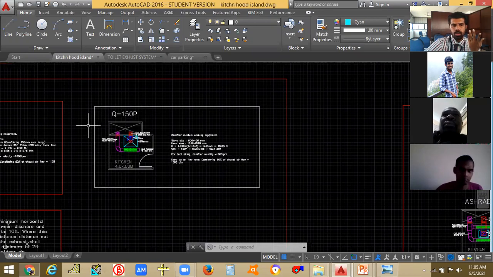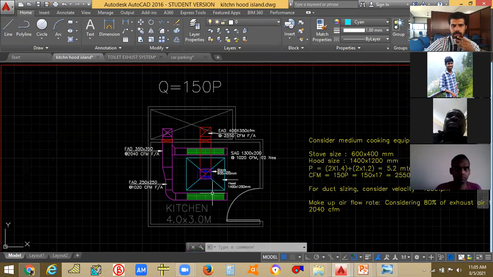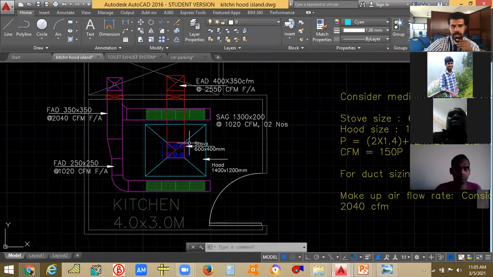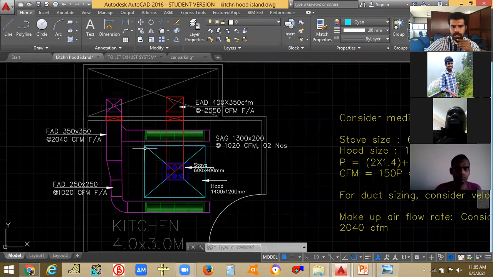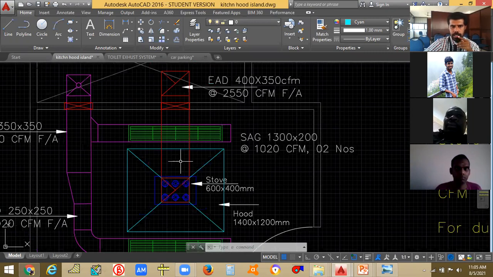When it comes to the island type, you can see here, the stove is in the center. The same way, you have to give the kitchen hood in the center. This is the duct through which exhaust is being taken and exhausted out.